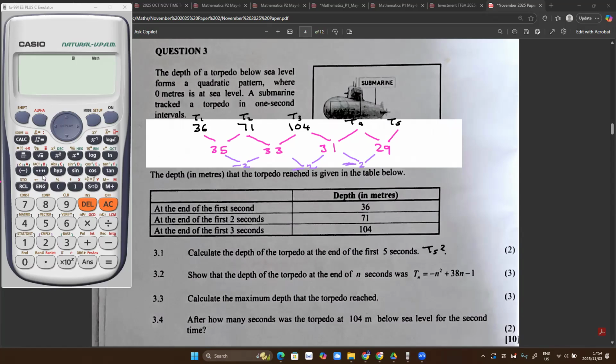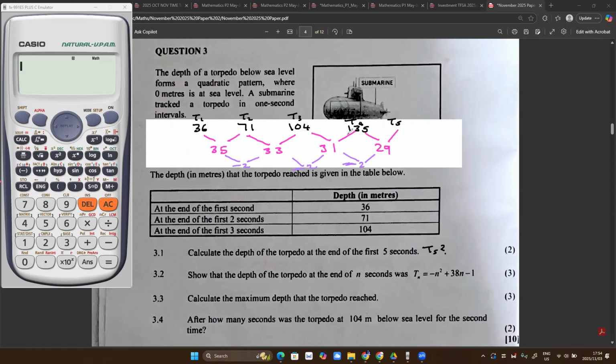Okay, and so now we can get T5, right? Because T4 and T5. So T4 is going to be 104 plus 31. This can be your working for 3.1: T4 is equal to 135.